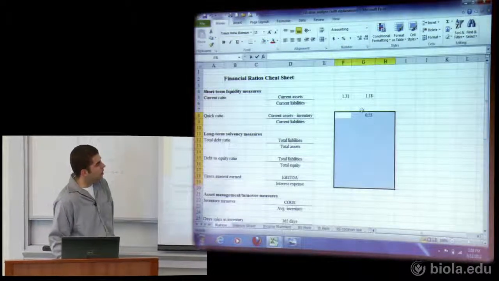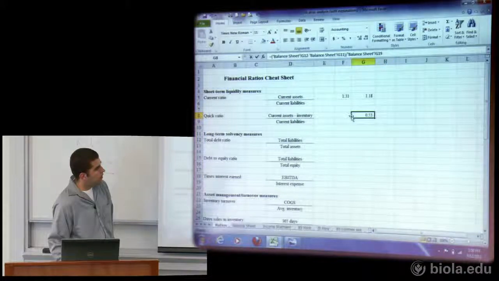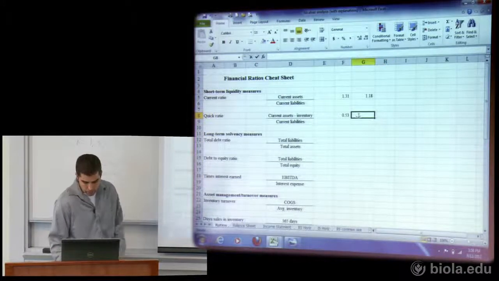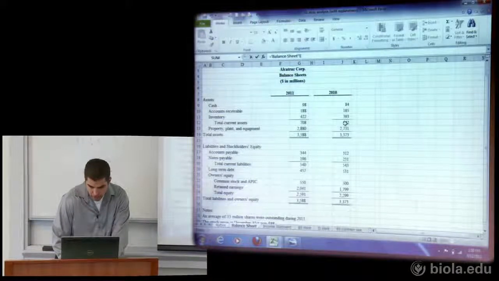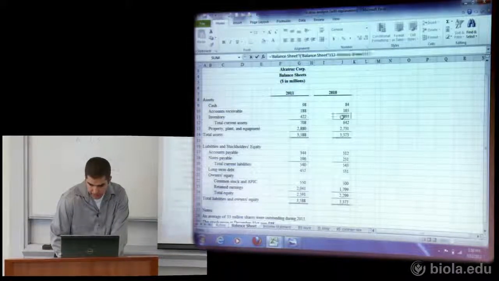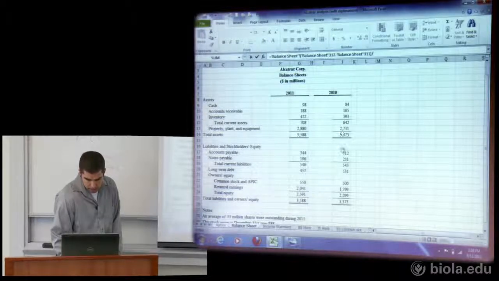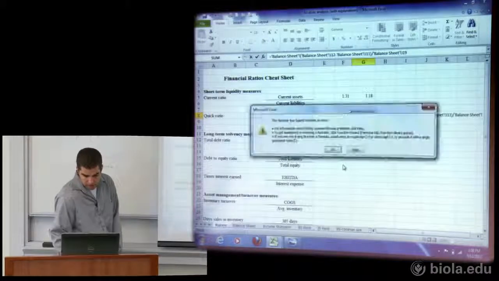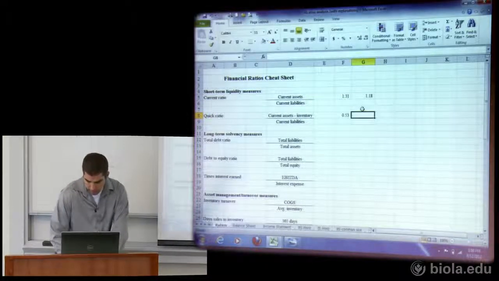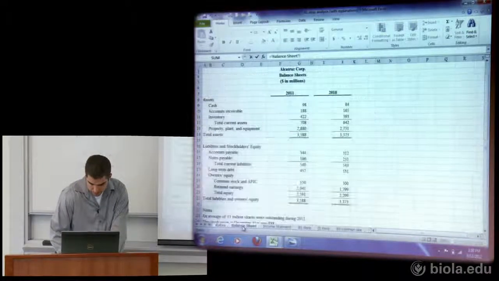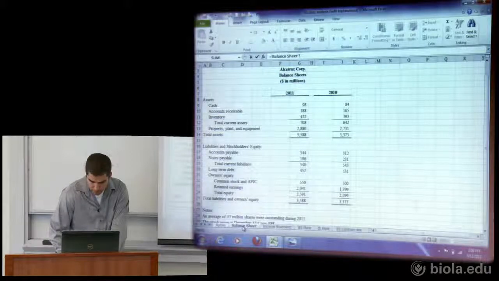0.53, okay? We did the same thing for the year 2010. We got 0.46. So for 2010, you would take the 642 minus the 393, divided by the 543. Oh, got a formula error there somewhere. Let's try it again real quick. Put that in brackets.